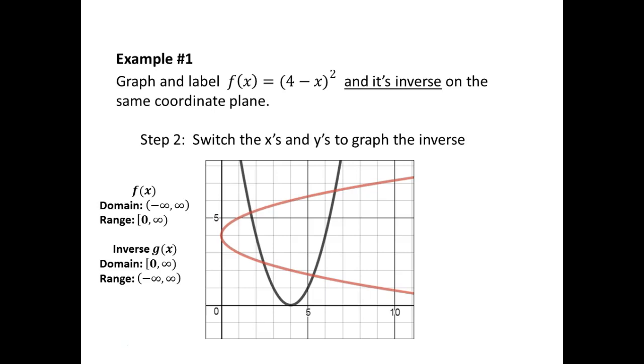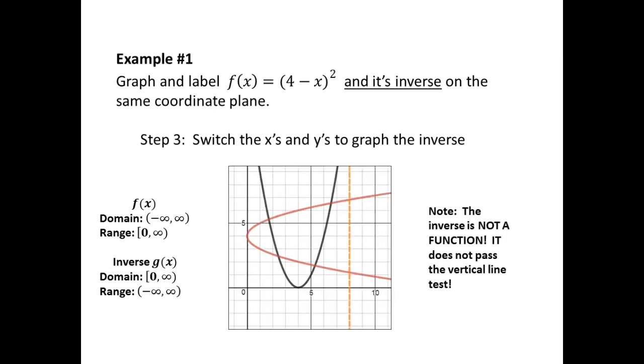You'll note that the domain of my original function was all real numbers, and the range was 0 to positive infinity. Also notice that the domain and range of the inverse are switched. It's easy to see with this graph. Now my domain is 0 to positive infinity for the inverse, and the range is all real numbers.